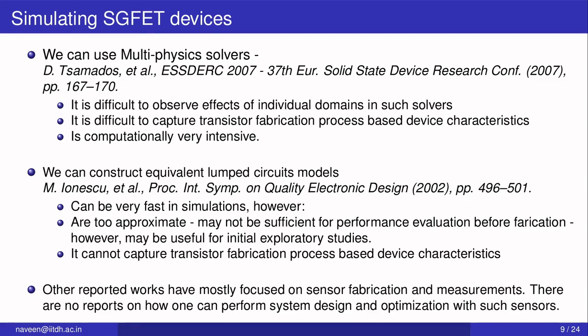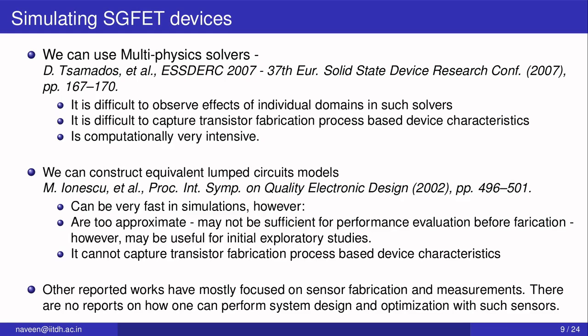The other way people have done it is that some groups have tried to construct equivalent lumped circuit models and then simulate the whole thing using a standard circuit simulator. This has the advantage that it can be very fast in simulations. However, these are too approximate and may not be sufficient for performance evaluation before fabrication.